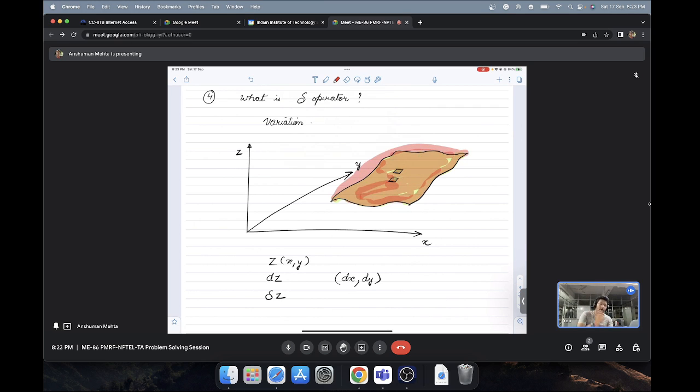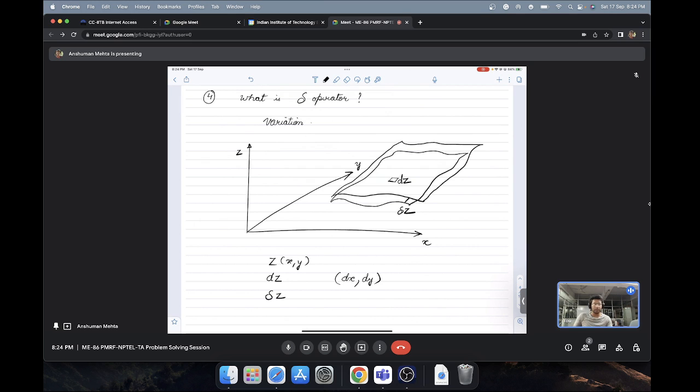So having a different topology is what I mean. So this thing is called del of z. So d of z is this, and del of z is this.